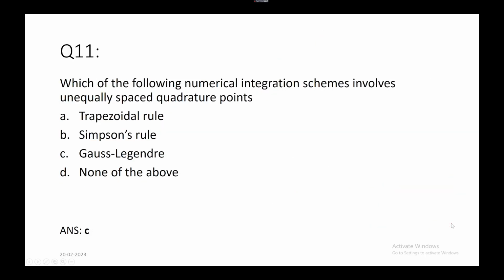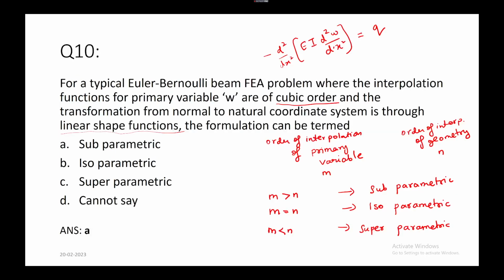Or you could define it either way. So if the order of interpolation of geometry is m, and the order of interpolation of primary variable is n, then you can define it the other way around. So here I am defining the order of interpolation of primary variable as m, and the order of interpolation of geometry as n. So here m is greater than n. Since this is a cubic order, a third order, and the shape function is linear order, which is first order, m is greater than n, so obviously the answer is subparametric.